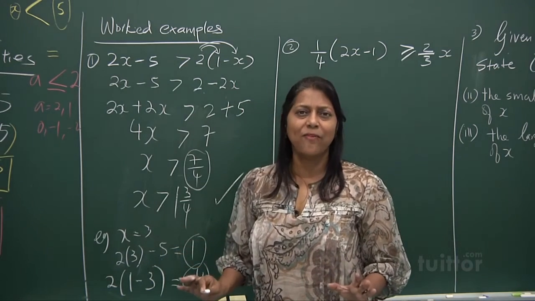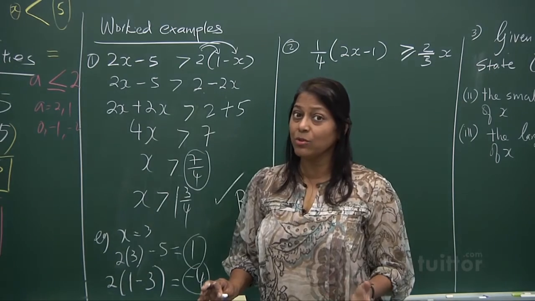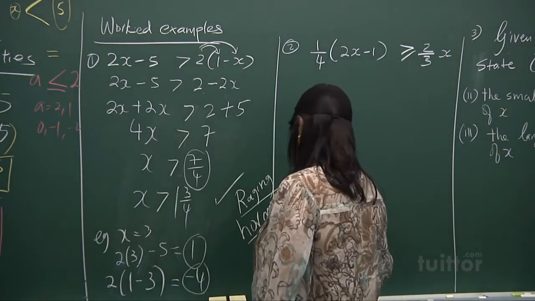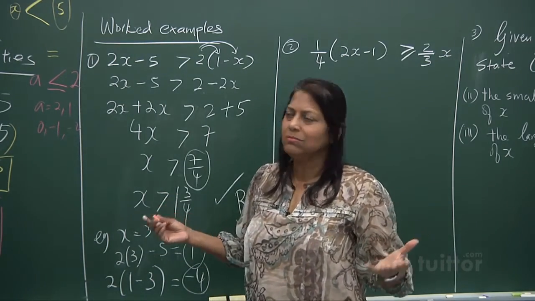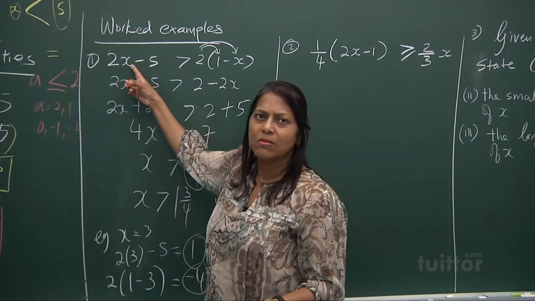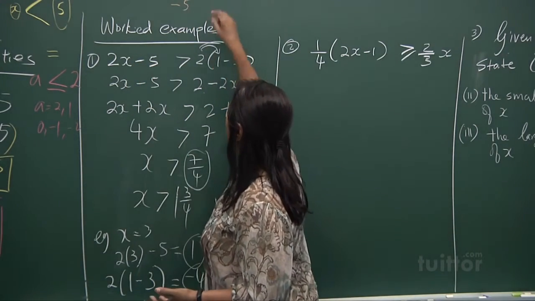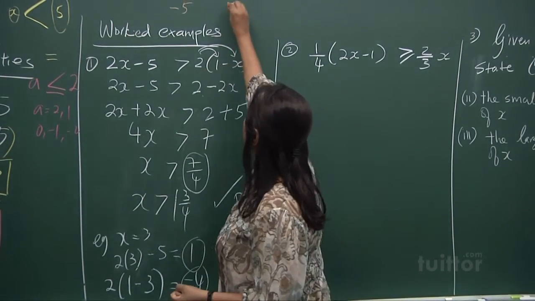Let's take another value. What number do you like? You want to take a minus 2? Alright, because you said, okay, is it true? Let's take a number that's smaller than this number. Or take a 0. 2 times 0, 0. 0 minus 5, minus 5. Now you put 0. 1 minus 0, 1. Times 2, 2.